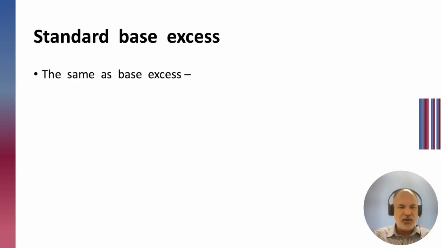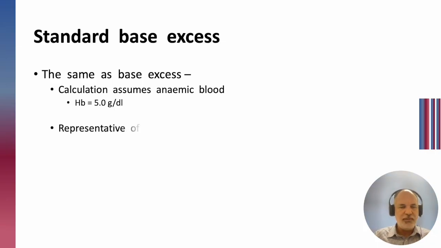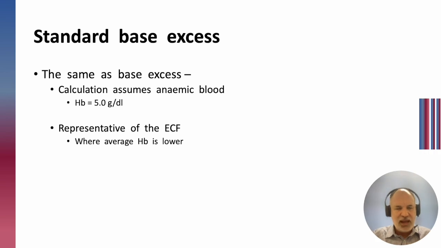And then the last variable is the standard base excess, which is much the same in concept as the base excess, but the calculation will assume anemic blood with an average hemoglobin of 5. And what the blood gas analyzer is trying to do here is give us a representation of what's happening in the extracellular fluid.